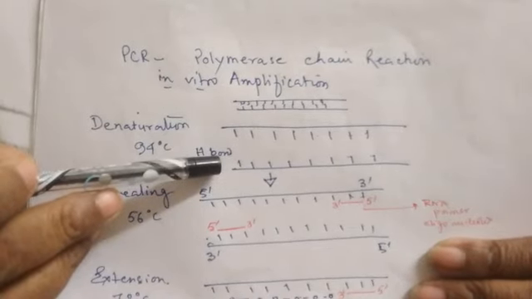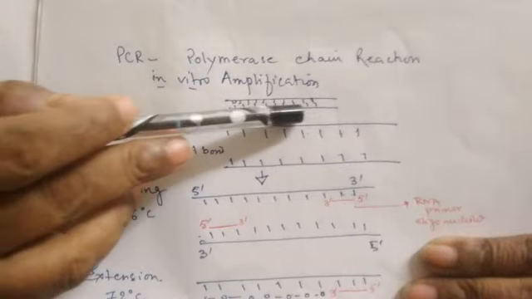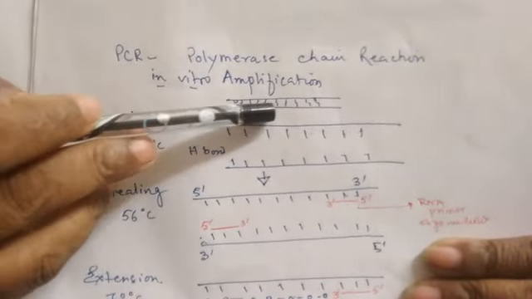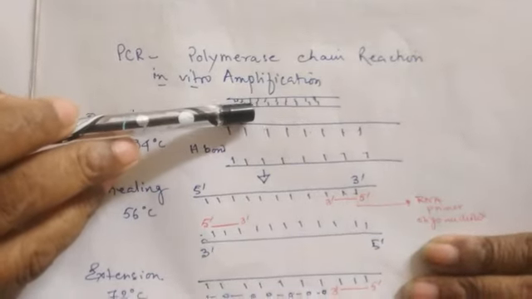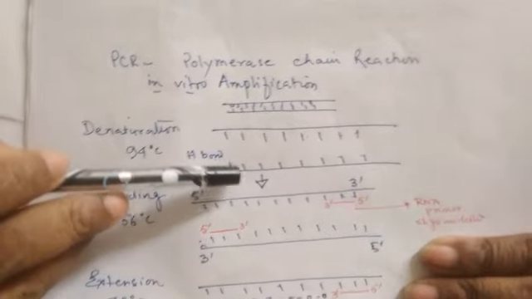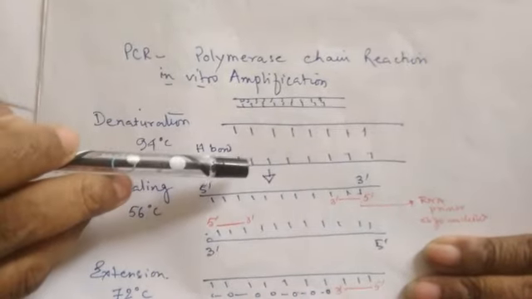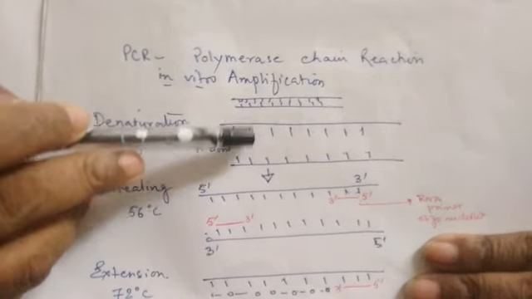What we are going to do here is break the hydrogen bonds, because these two strands are joined by hydrogen bonds which are linking the nitrogen bases. So we are going to break this hydrogen bond, and as a result these two strands will get separated from each other.